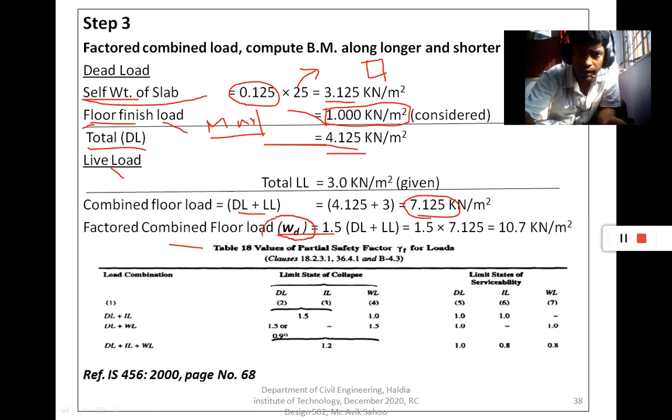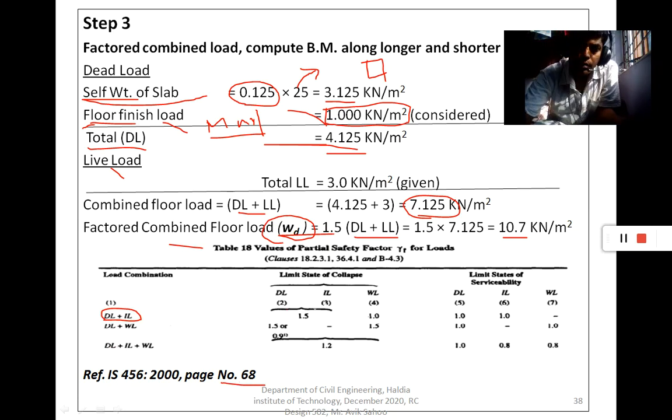Wd, the design load, is 1.5 times the dead load plus live load, which gives 10.7 kilonewton per meter square. The table for the combination is given on page number 68. In limit state design, the factored combined load is considered, and for dead load and live load, the load factor is 1.5.